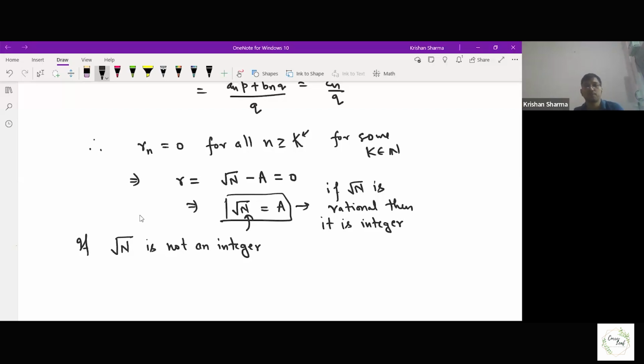So we have only two options. One option is square root of n is either an integer or irrational. So if square root of n is not an integer, then it is irrational.